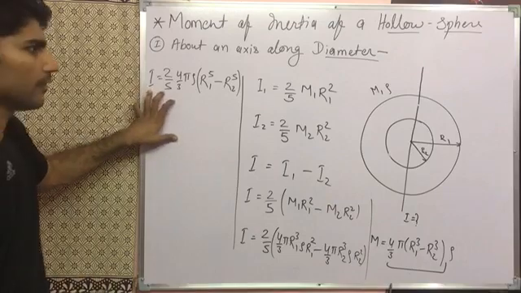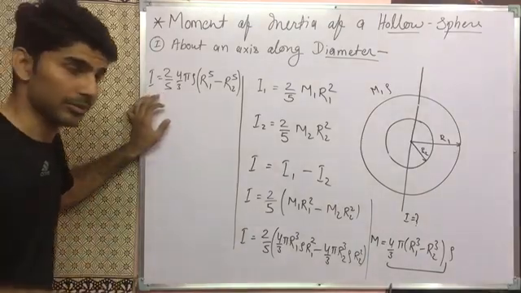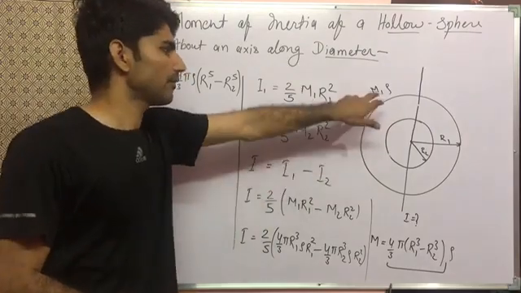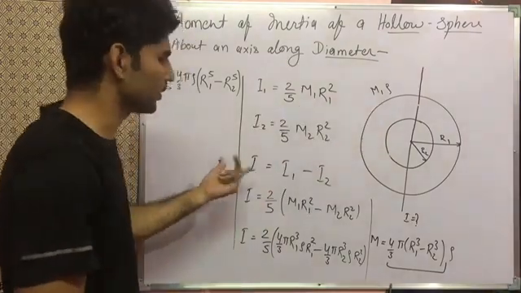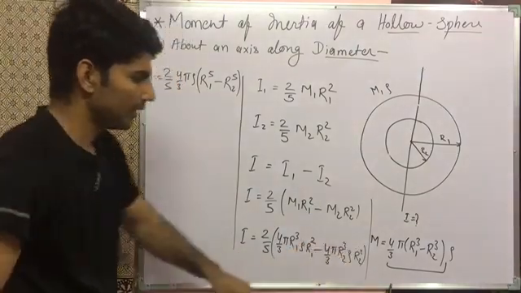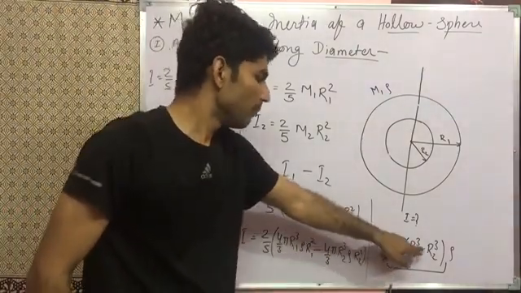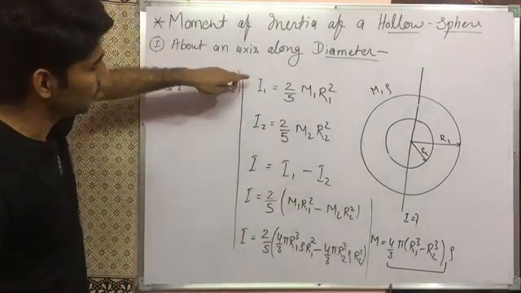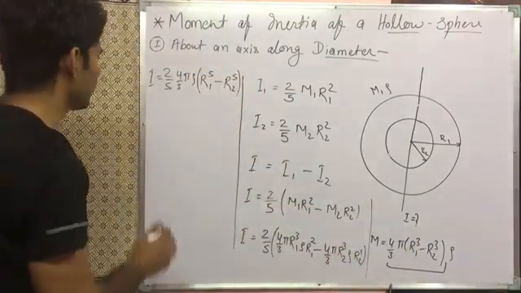So this is the equation we get, but here we will derive the moment of inertia, and for that you know that in any moment of inertia formula we need a mass. So here we have the mass m, and we will convert the value of mass here. For that we multiply r1 cube minus r2 cube in the numerator and denominator both.